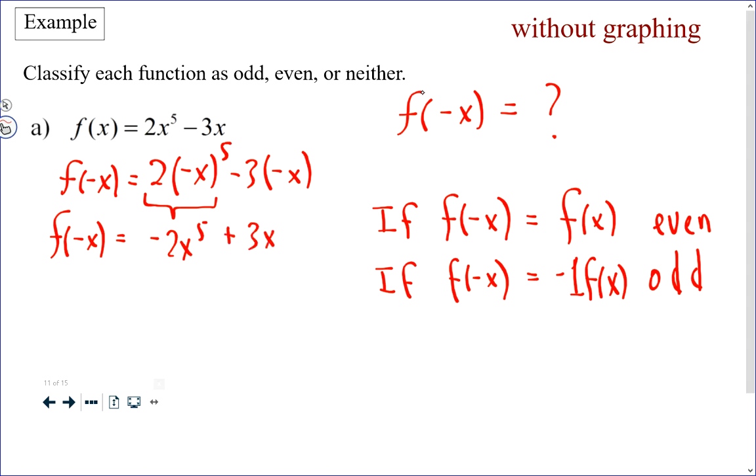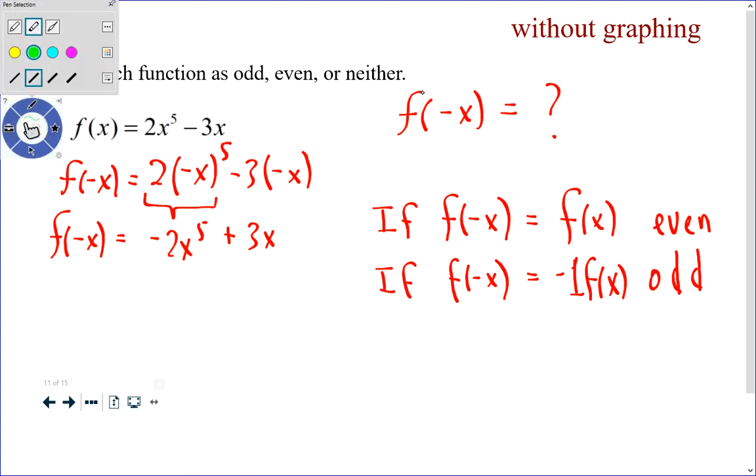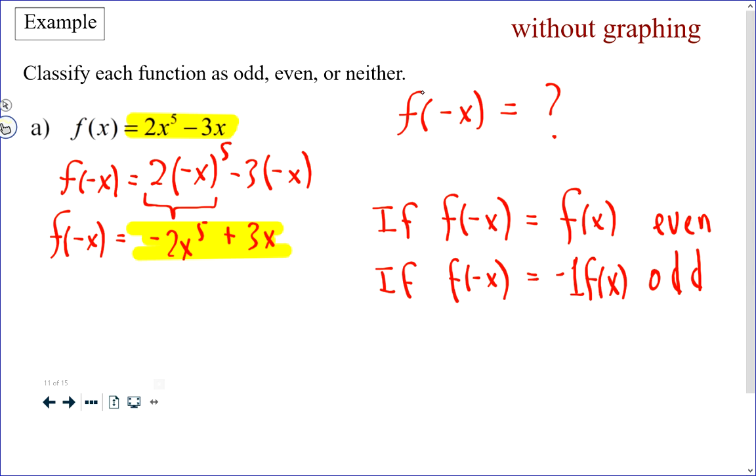Now we have to ask ourselves something. Is this result, which is f of negative x, the same as the original function? Well, no, it's not the same as the original function. But we can see that it's the negative of the original function.